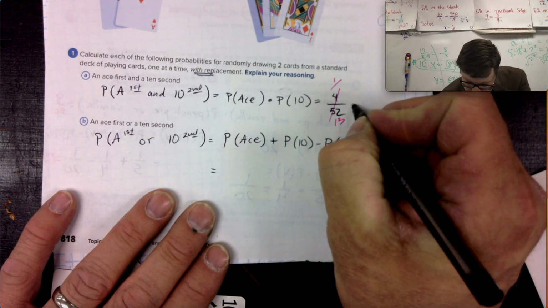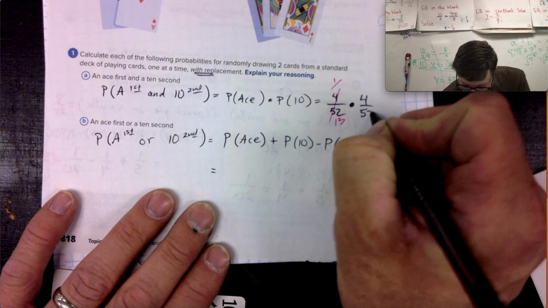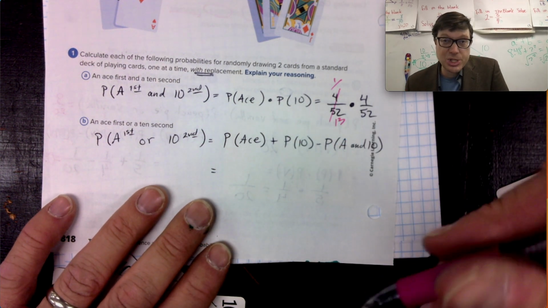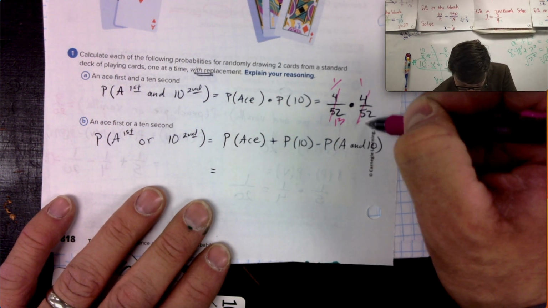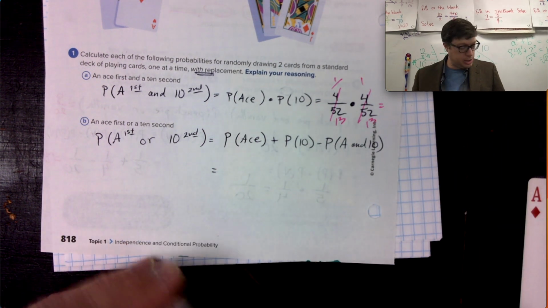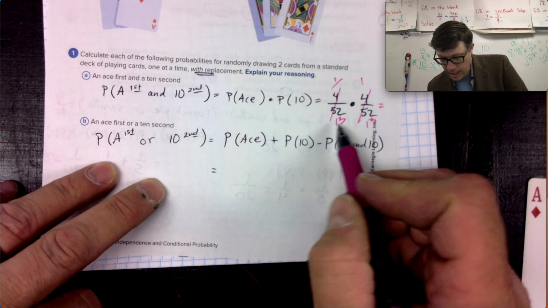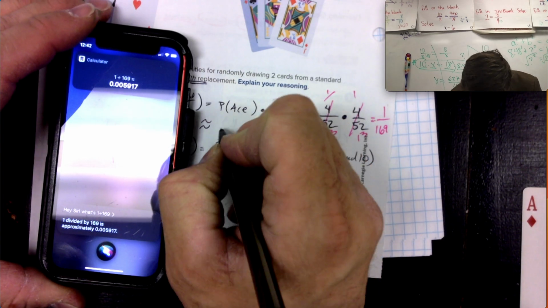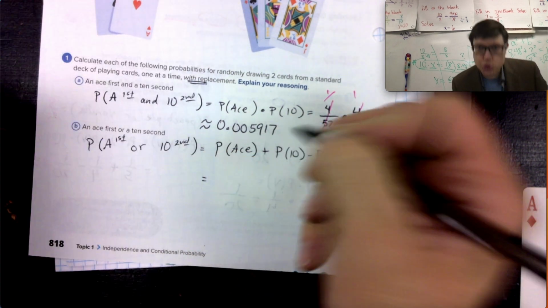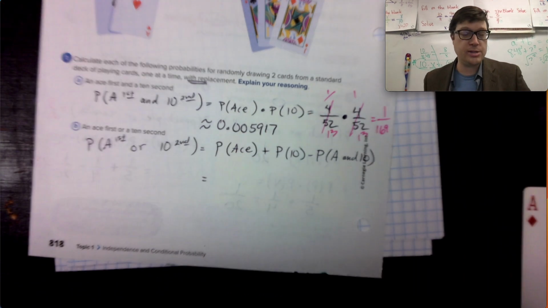So I could also say multiply by the fraction 4 out of 52, but that reduces to 1 out of 13. So then our mathematical answer is 1 times 1 over 13 times 13, which is 1 over 169, approximately 0.005917. Super low, less than 1% chance.